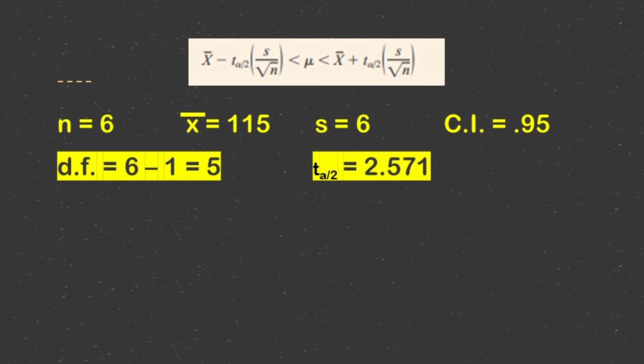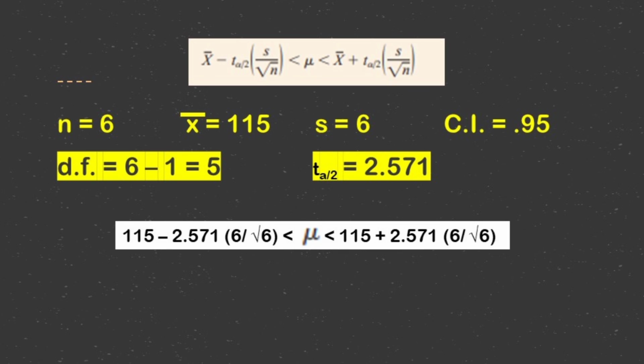Now that our given are complete, we will substitute the values and solve it. So we have 115 minus 2.571 times 6 divided by square root of 6, less than the population mean, less than 115 plus 2.571 times 6 divided by square root of 6.